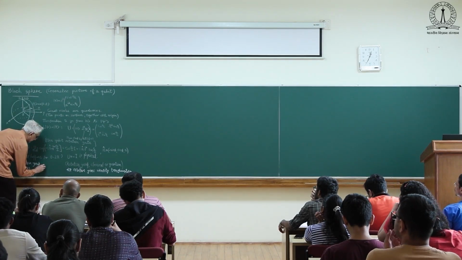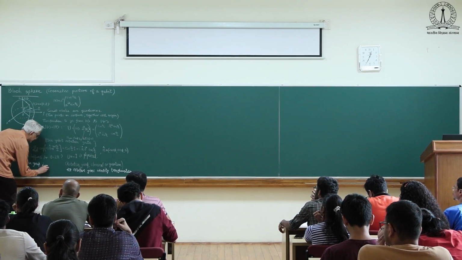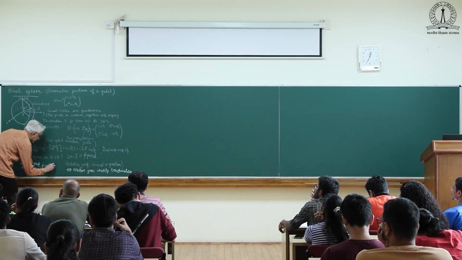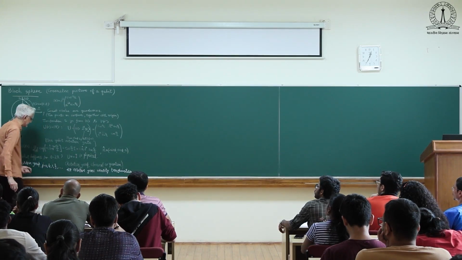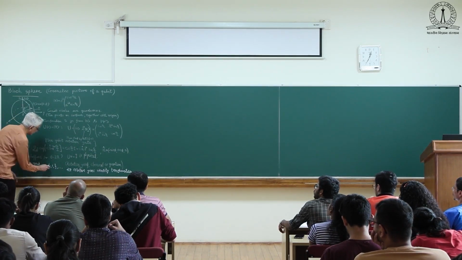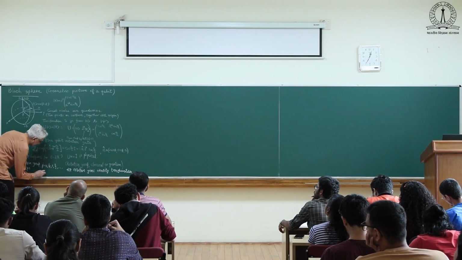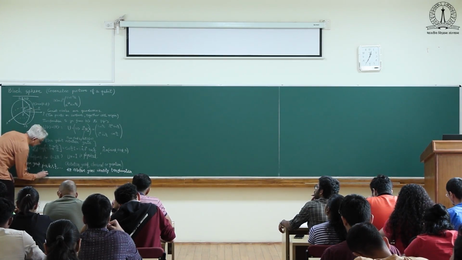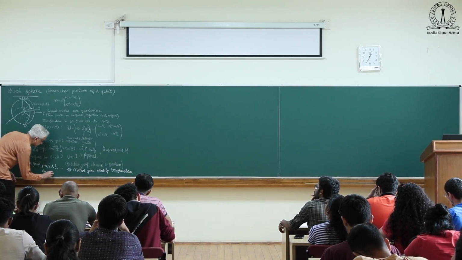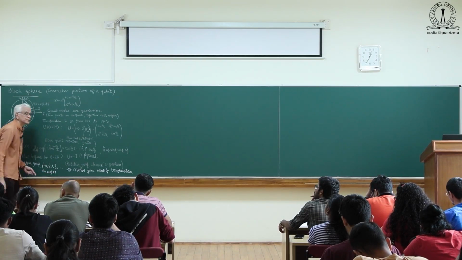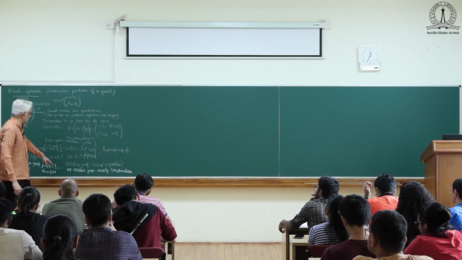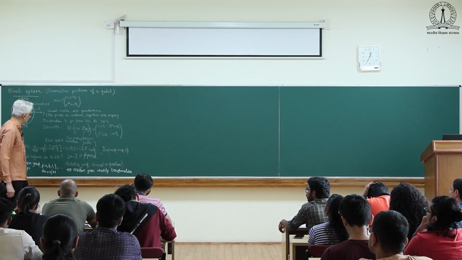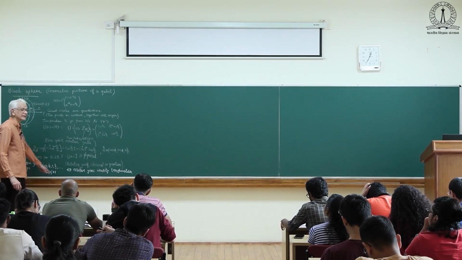They are labeled by various values of j, and they have dimensionality 2j plus 1. This is a standard algebra of a rotation group, going a little bit beyond what I need.